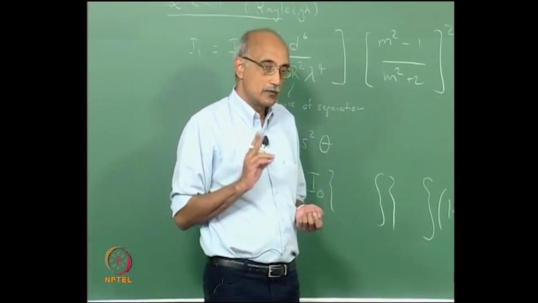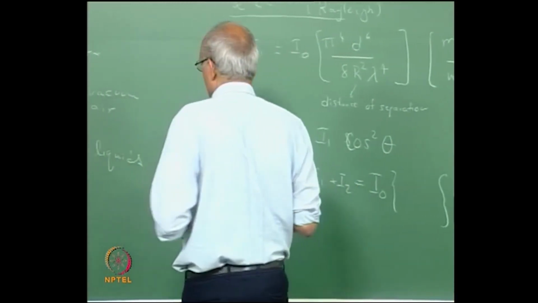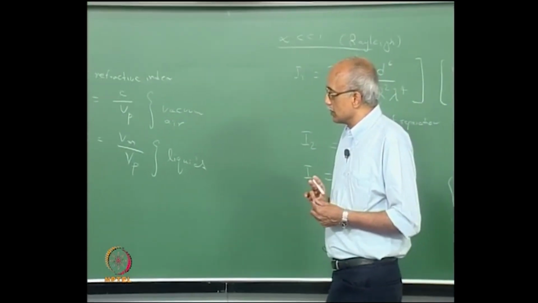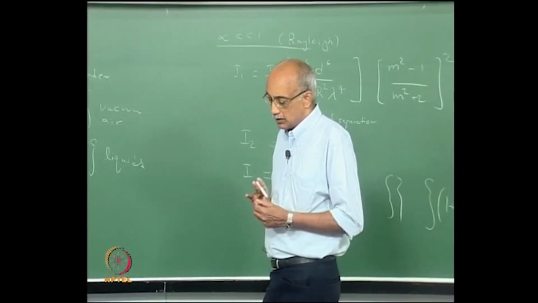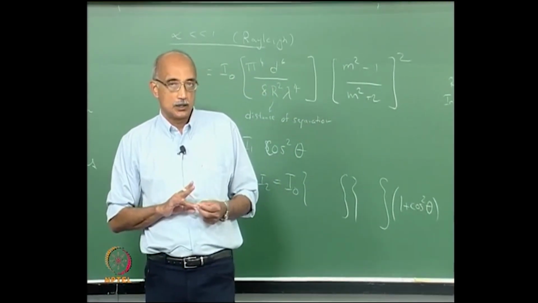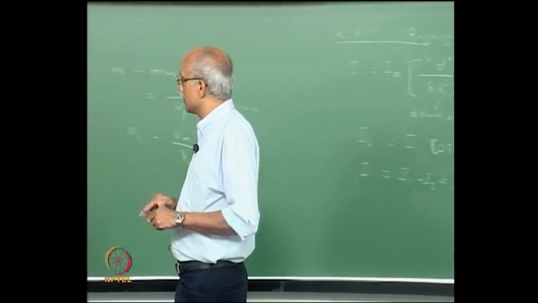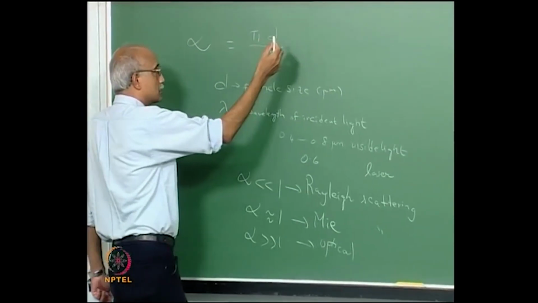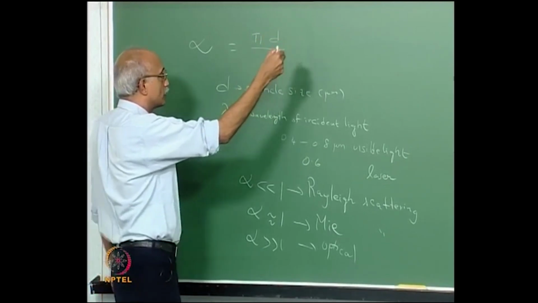Now, when we say alpha much less than 1, what are the actual sizes we are talking about? It has to be much smaller than roughly the 1 micron size range. Now, when d is equal to 1 micron, then pi is let us say 3.14.